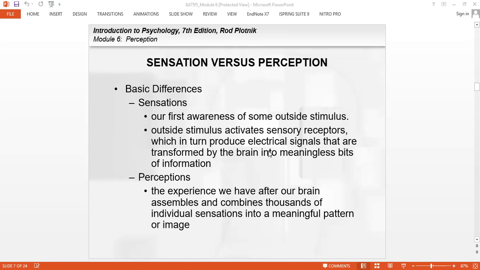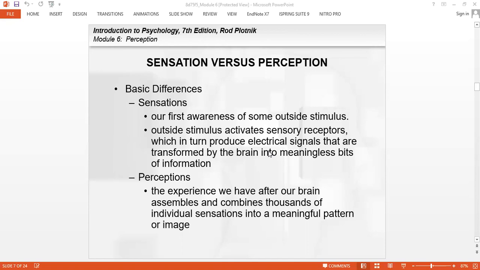Why are we saying that sensation is meaningless? Sensation is meaningless because at the time of sensation we don't have a perception. For the time being, imagine that you sense something, but you cannot give it meaning until and unless you have a perception.